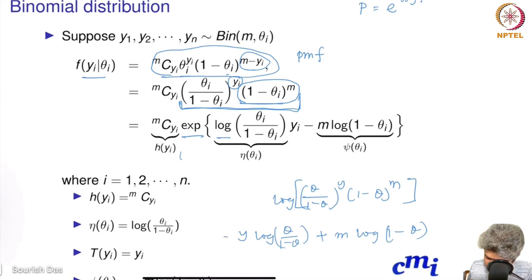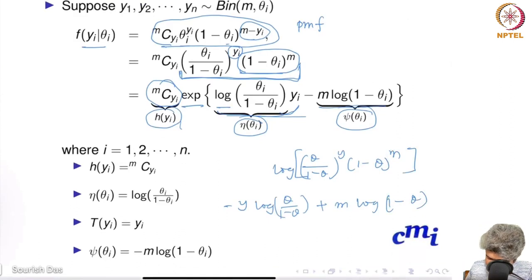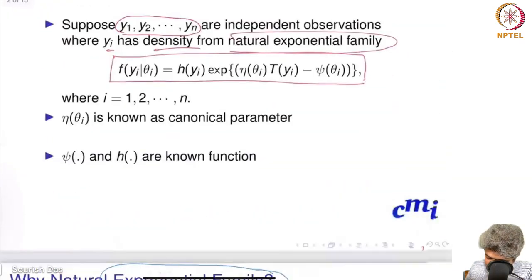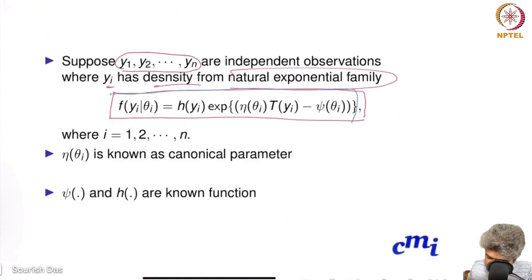Then you can write this part as h of y, this part as eta of theta i, and this part as psi of theta i. So the PMF of the binomial distribution can be cast into the natural exponential family, with each part having its own functional form.